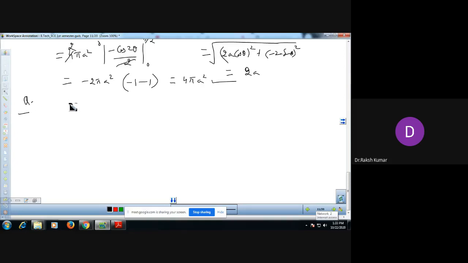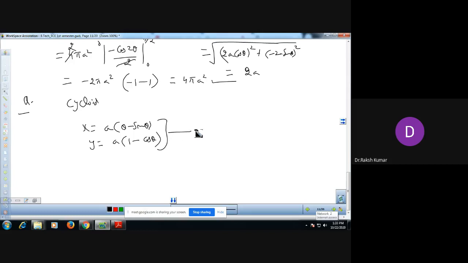The question is, find the surface area of the solid generated by revolving one complete arc of the cycloid. This is the equation of a cycloid, and this is a standard equation: x = a(theta minus sine theta). This is the value of x, and this is the value of y.